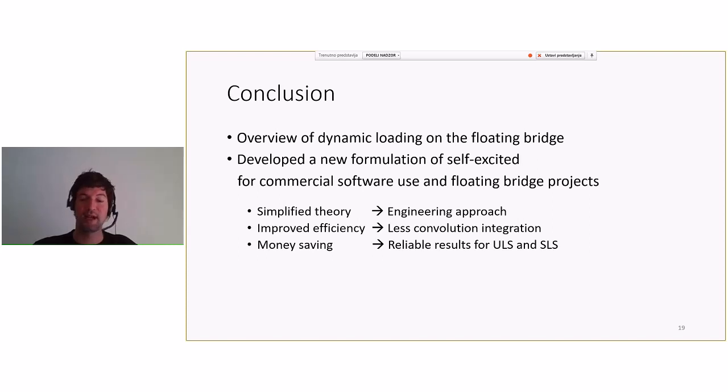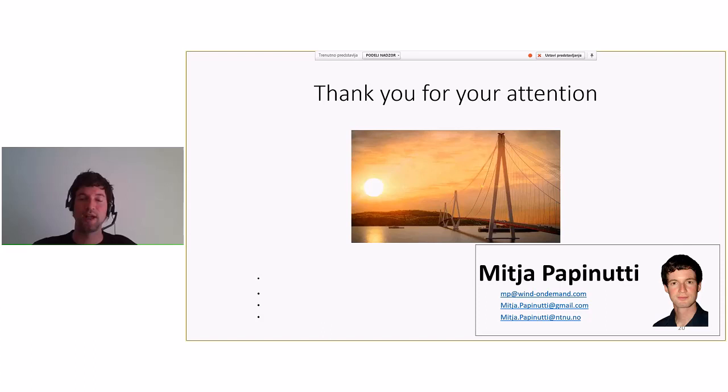And of course, it increases reliability, and we are more accurate on the results. That means, of course, directly more accurate ultimate limit states and serviceability limit states, which also means a big money saving. And that will be everything for today's presentation.